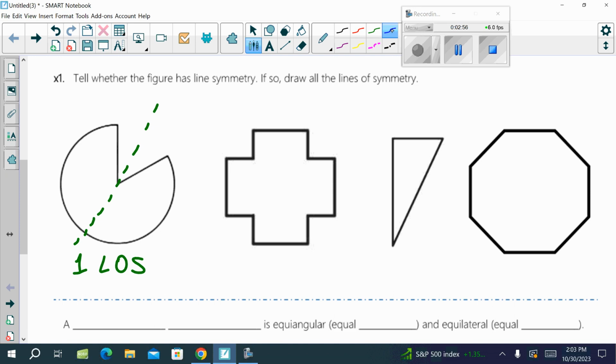All right, what about the big plus sign, hospital-looking symbol? 3? Where do you see 1 at? 4. Tell me where to draw. Okay, through the middle, like the top. So we can draw vertical. All right, good. Horizontally.